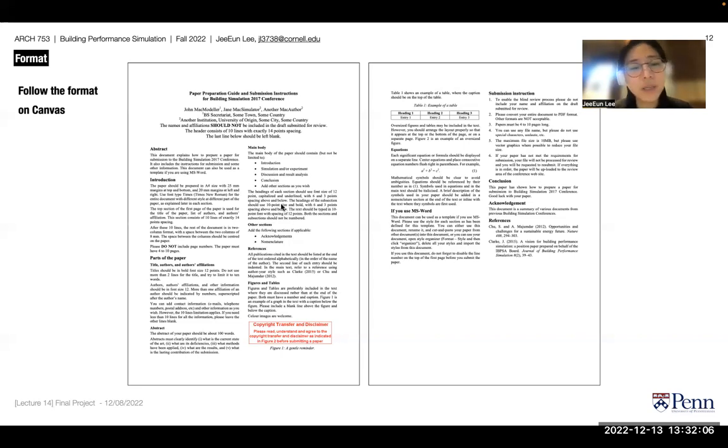You may state some limitations, and then references. And this is only a 5-page paper, so you will have some charts, graphs, or graphics within the 5 pages along with the text. Then you need to be very selective in what kind of charts or graphs you want to show here.